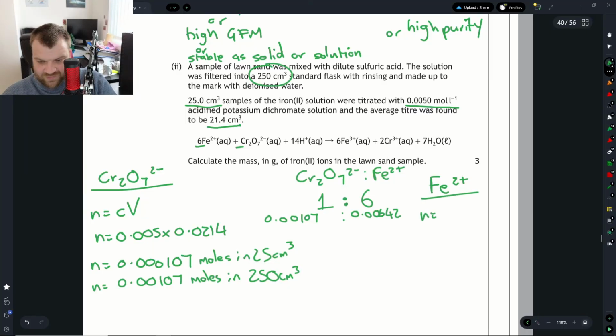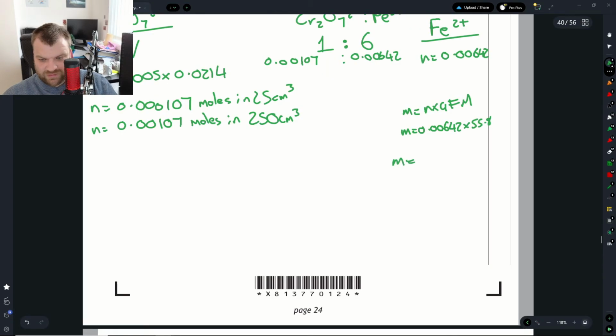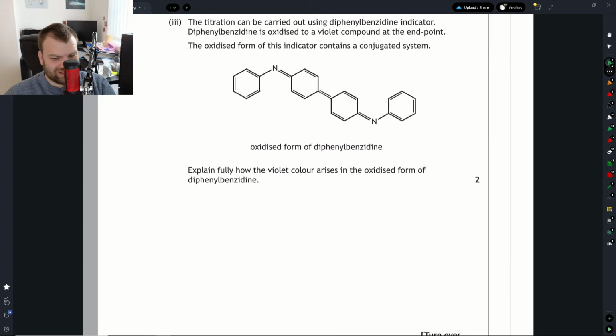That's now our number of moles. We are asked for the mass, and that equals n times GFM, 55.8, and then that gives us our final answer of 0.358 grams.